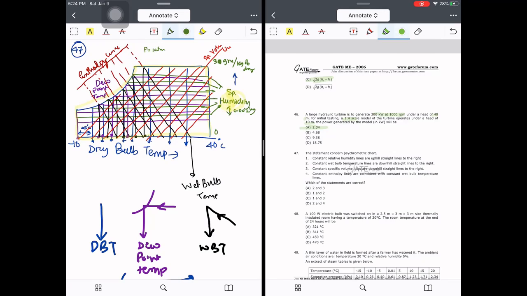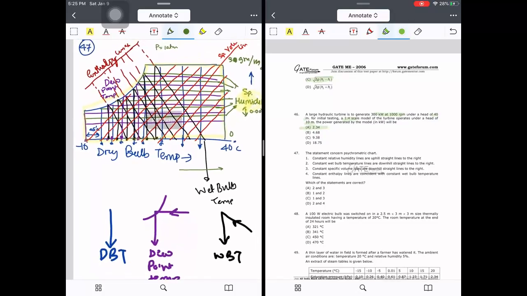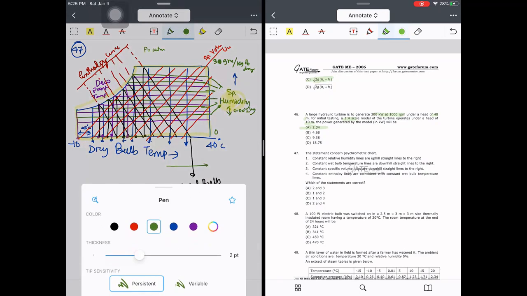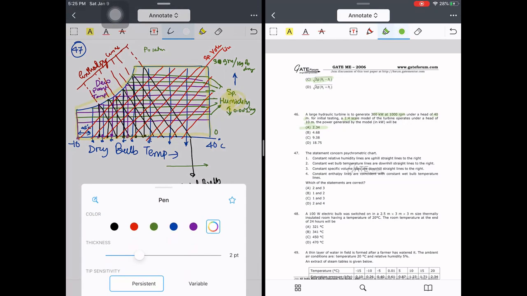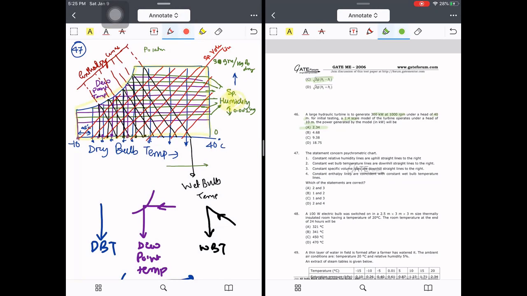These slanted red lines represent specific volume, and the spacing between each slanting line is 30 gram per kg of dry air. Then the vertical blue lines represent the dry bulb temperature, and it increases in this fashion. Then the curve, if you can see, I think I have not made any specific diagram for relative humidity, but let me make that for you.